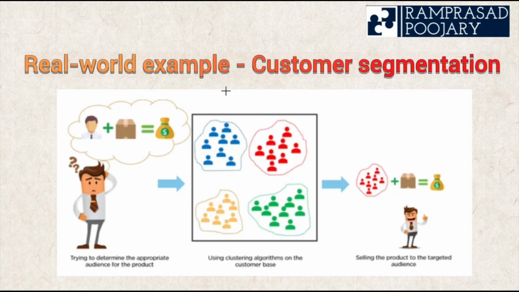Customer segmentation is another use case of clustering algorithms, where a large customer database can be divided into different groups, or clusters as we call them, and each cluster has customers with similar characteristics, preferences or needs. This helps the marketing team tailor their product offerings as per the needs or preferences of the customers. So these are two real world examples of clustering algorithms.